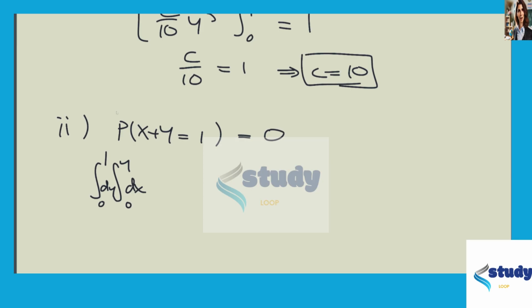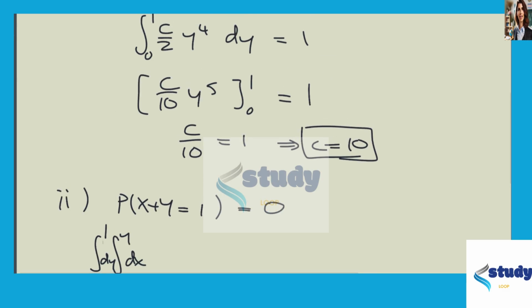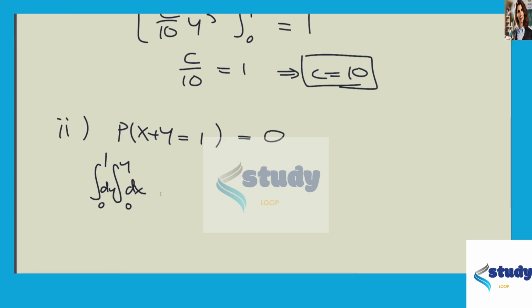So that means that x has got to be 1 minus y. So we get c 1 minus y.